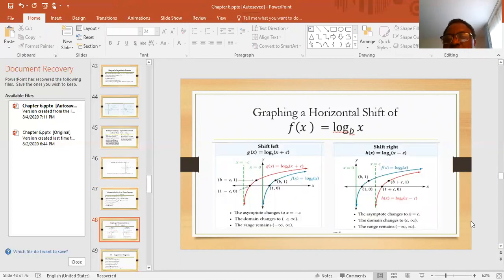And so these are the graphs. The original function, logarithm in base b of x, is in blue here, and the shift to the left or right, logarithm of x plus c, is here in red.